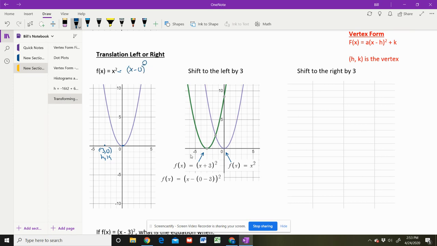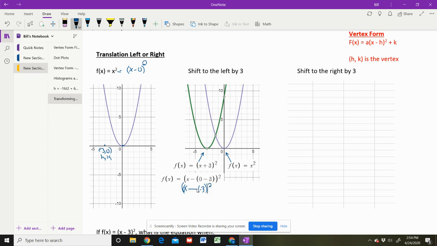Okay, so if I had taken x minus 0 and I wanted to shift it to the left, so I want to go negative, I would have said, okay, let me take 0, which I had up here, and I want to subtract 3 from it. And then this would have given me x minus negative 3, right? And all that squared.